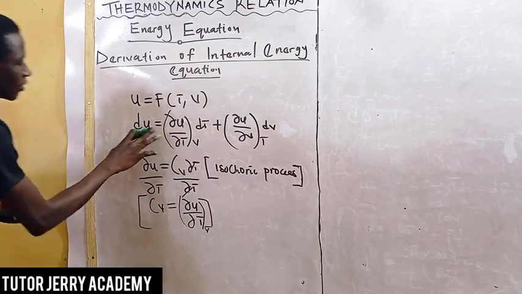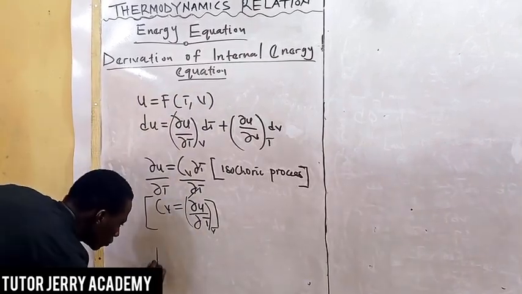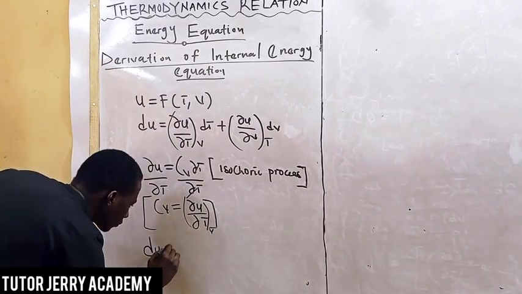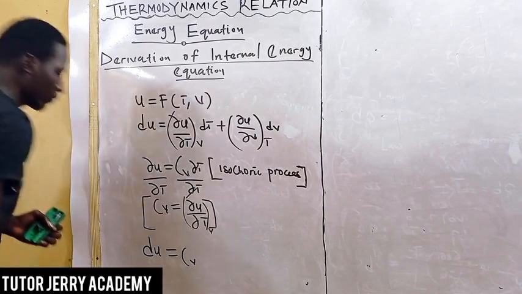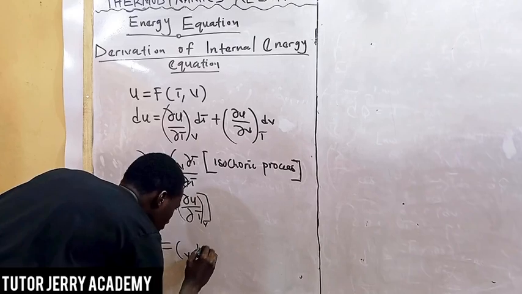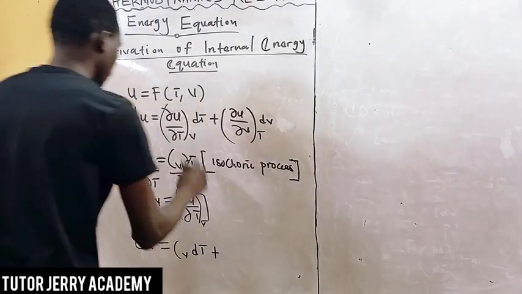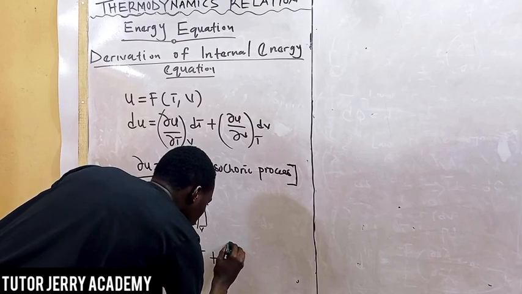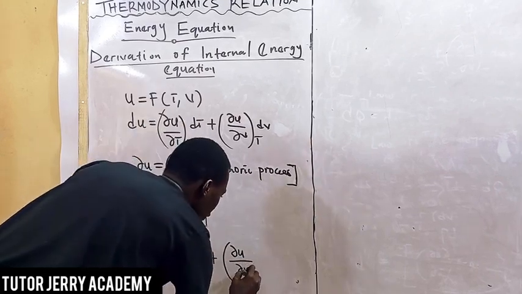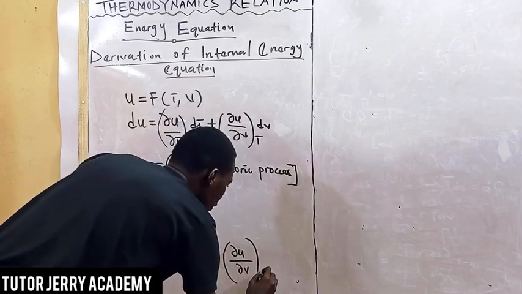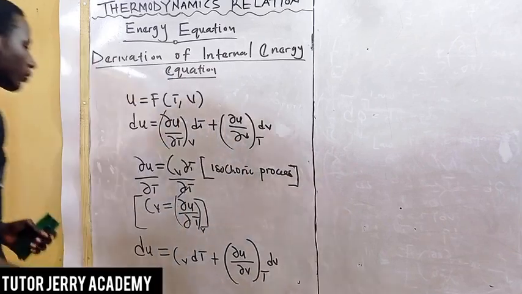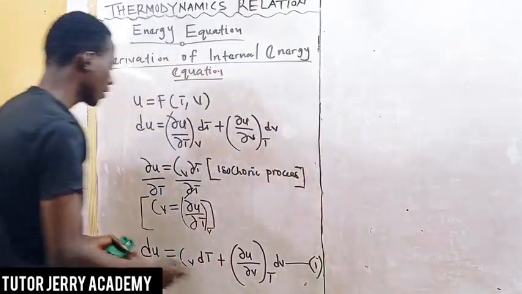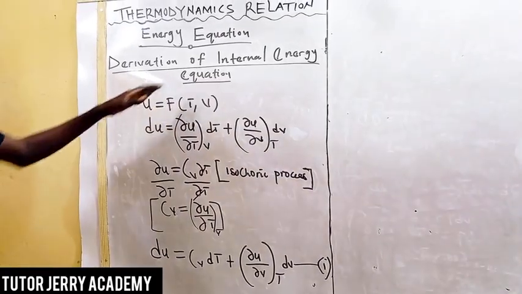If we do that, we have dU equal to Cv dT plus the partial derivative of U over the partial derivative of V, keeping T constant, dV. So this is what we have. This can be referred to as an energy equation for internal energy.